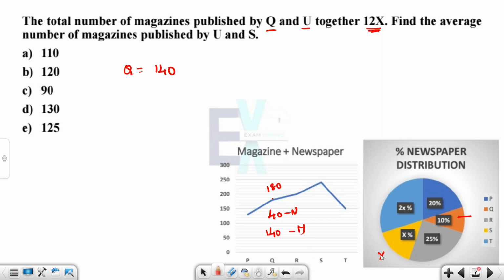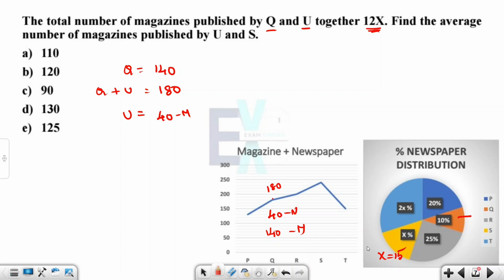What is the value of X? Just now we have seen the value of X is nothing but 15. So 12 into 15, which is 180. So what is that 180? Q plus U. So from this, what is the value of U? 40 magazines.